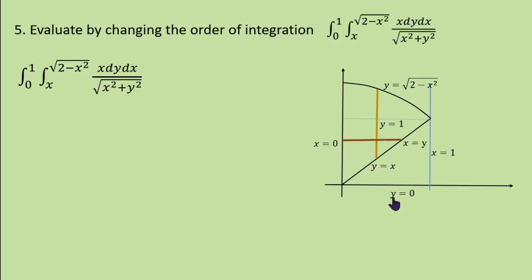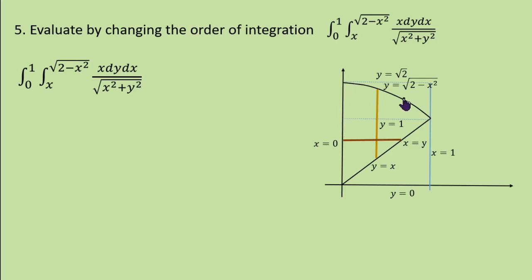So in the interval y equal to 0 to 1, x goes from 0 to y. Now here, at the height where x is 0, y becomes root 2. Therefore y goes from 1 to root 2. Take any y between 1 and root 2.